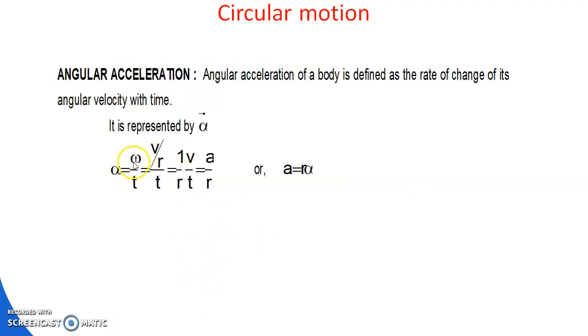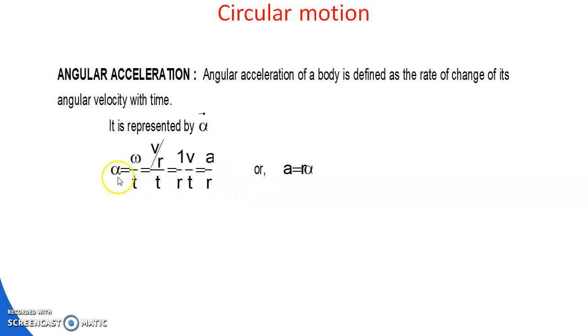Putting that value, alpha is v by r divided by t. Rearranging, v by rt. This v by t, linear velocity by time, is the linear acceleration, so it is linear acceleration divided by r.